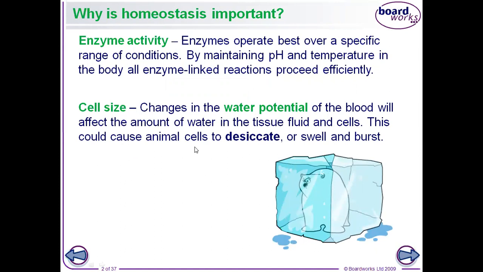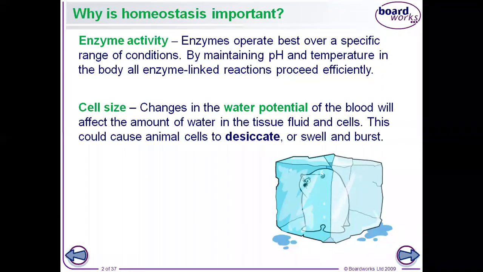Now, the water potential of the blood will affect the amount of water in the tissue fluid and cells. If any change comes in water potential, that can affect our body cells.